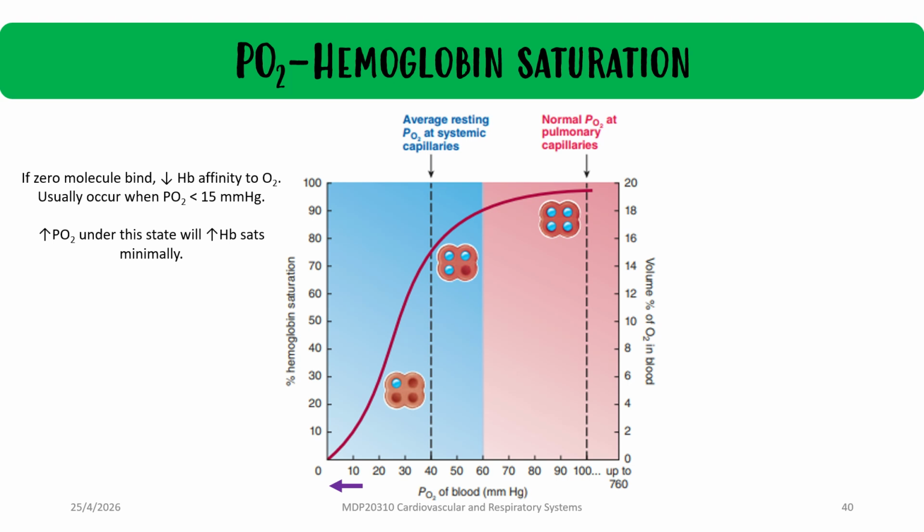Even if the PO2 at this level increases slightly, perhaps up to 20 mmHg, there will be very little increase in oxygen saturation. The likelihood of oxygen binding to hemoglobin will still be very little. So the empty hemoglobin is reluctant to bind to oxygen.